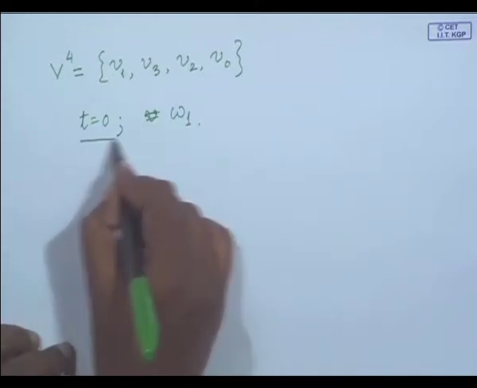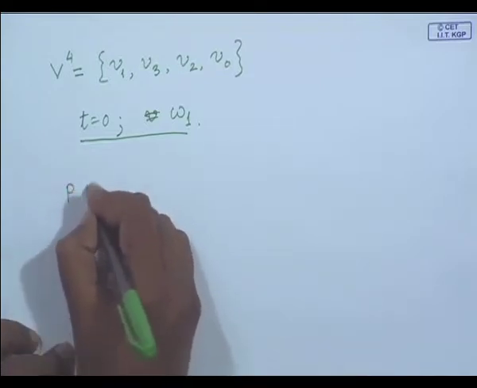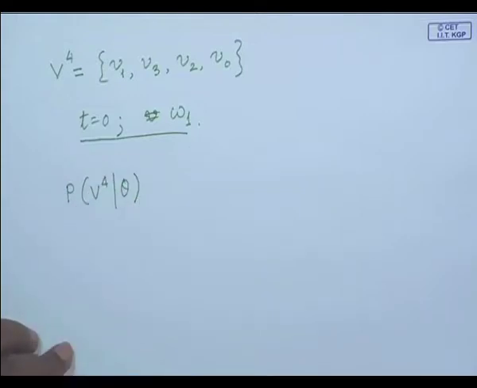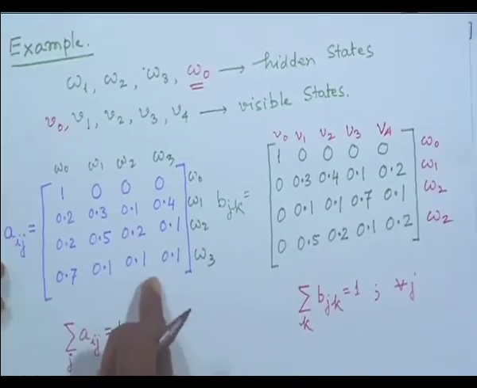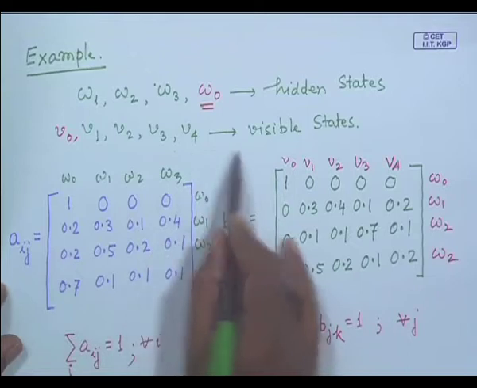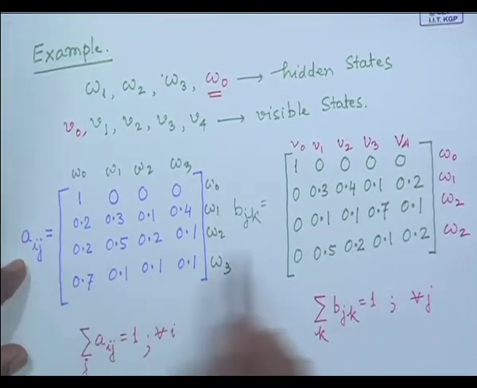So, this is my assumption, and based on this I have to find out what is P of V 4 given theta, where this theta is specified by the set of hidden states, the set of visible states, the transition probability tables A i j and B j k.